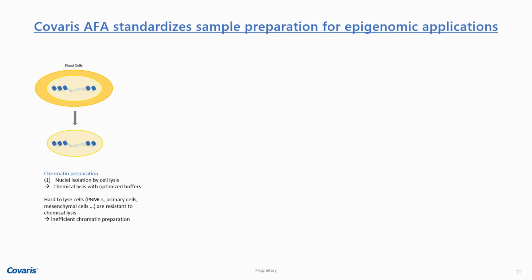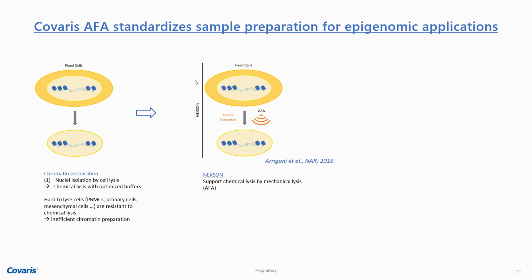Therefore, the MPI in Freiburg has developed the Nexson protocol. Nexson means nuclear extraction by sonication, and you can follow this paper for more details. What they do is start with fixed cells, and during nuclear extraction they use the chemical lysis buffer, but support it with mechanical lysis by applying Covaris AFA.